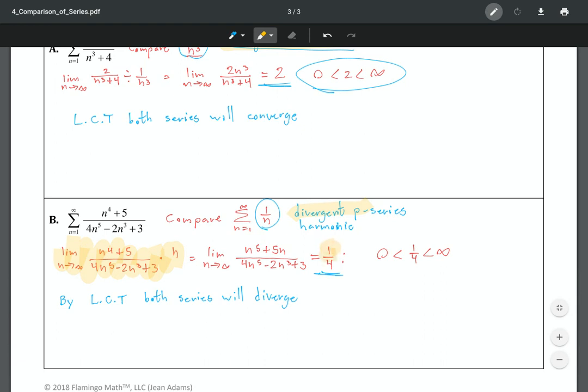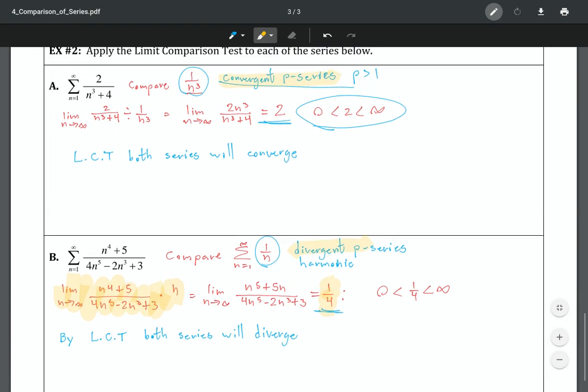And if that gives you a number that's between 0 and infinity, and the thing you're comparing to was convergent, then this will also be convergent. And this one right here, since this one's divergent and this happened to have an answer, then this will also be divergent. Okay. So it's a little bit weird.